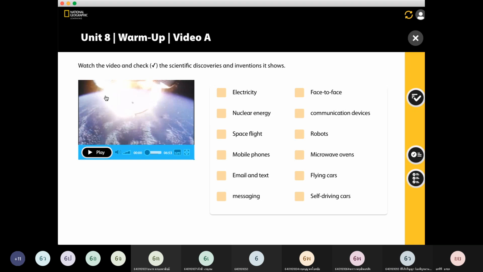Robot. Okay, robots. Face-to-face communication device. Okay, communication device. Space flights. Okay.